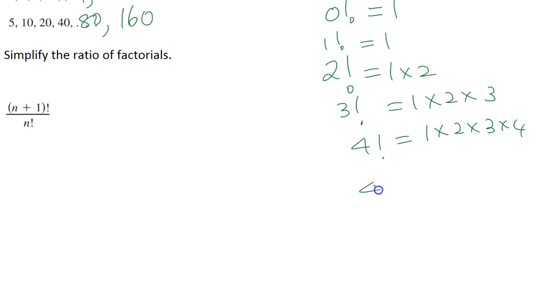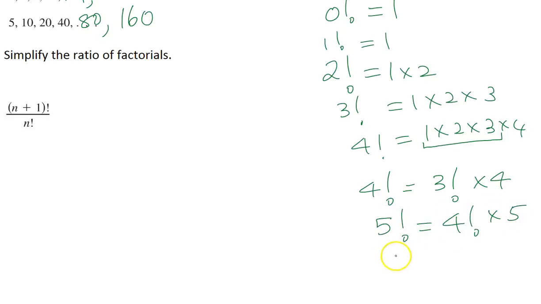Notice that guys, for example, we can condense 4 factorial. Remember 4 factorial is 1 times 2 times 3 times 4. But we know 1 times 2 times 3 is 3 factorial, and the other part is times 4. Similarly guys, 5 factorial is 4 factorial times 5. 6 factorial is 5 factorial times 6.